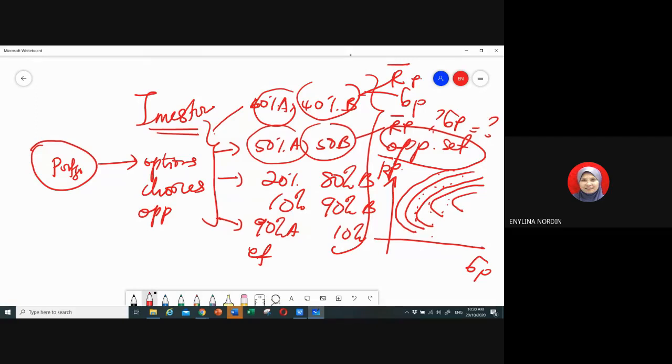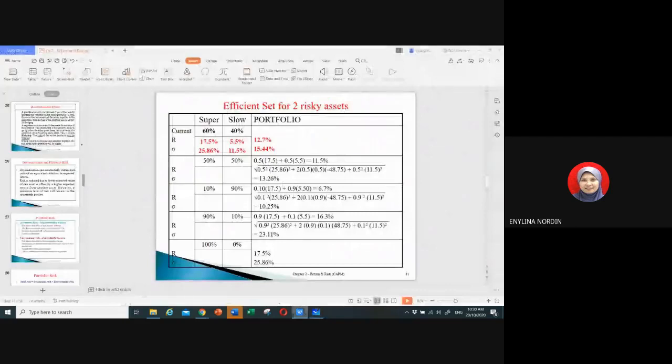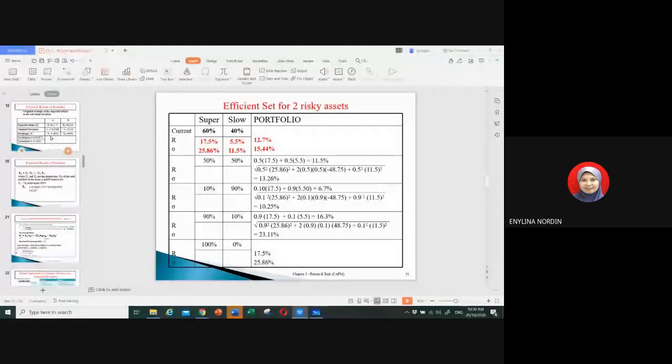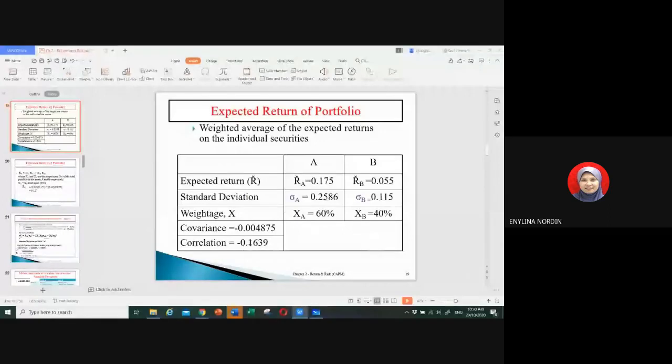Dia bergantung kepada covariance and correlation. So katakanlah kita dah kira dalam slide tu, covariance dan correlation dia adalah negative relationship, 0.004875 and negative 0.1639, right?